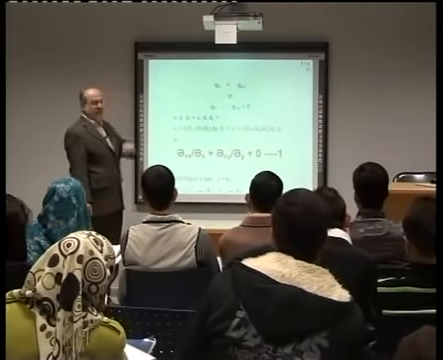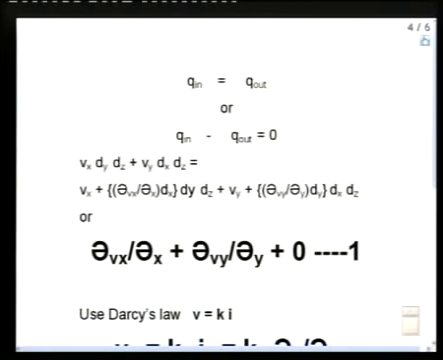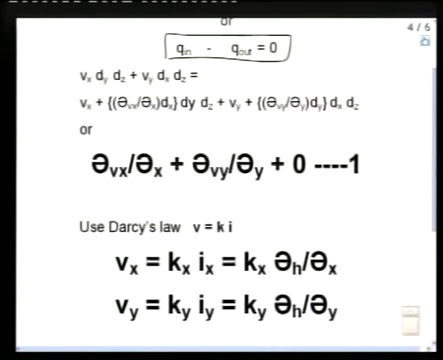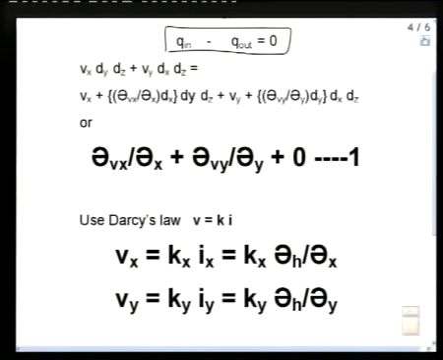Q in equals Q out, as you see, or Q in minus Q out equals 0. I can put it this way.